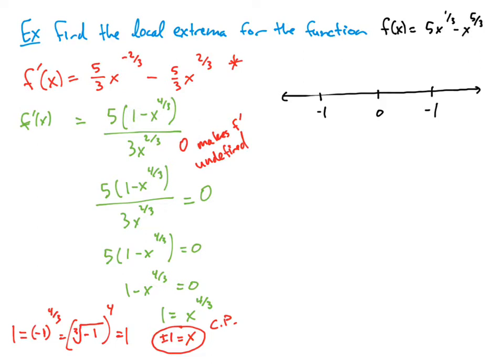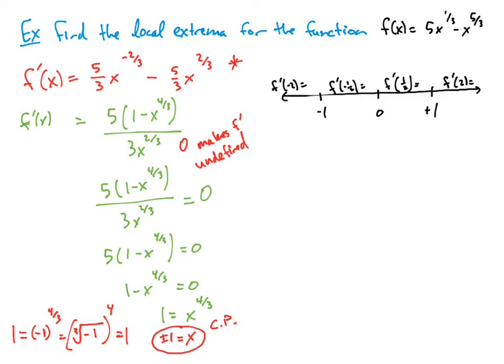In the left interval, I'll test f prime of negative 2. In the second interval, I'll test negative 1/2. In the third interval, I'll test positive 1/2. And then in the last interval, I'll test positive 2.